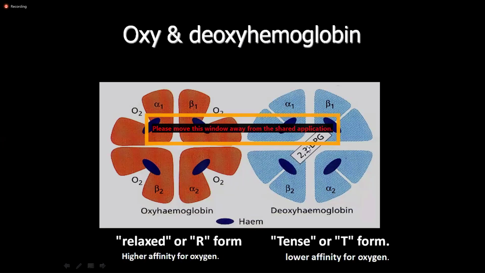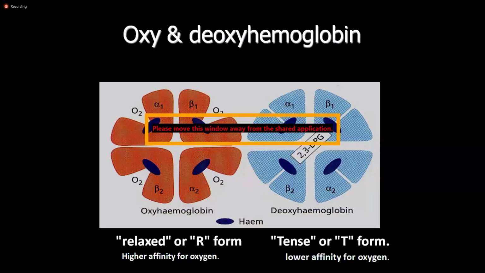This 2,3-BPG binds with the hemoglobin molecule. Binding of this 2,3-BPG or DPG changes the structure of hemoglobin from R to T. So when it changes the structure of hemoglobin from R to T, this hemoglobin molecule loses the affinity towards oxygen, and then it releases the oxygen very easily to the tissue.